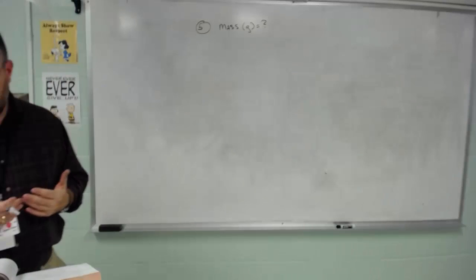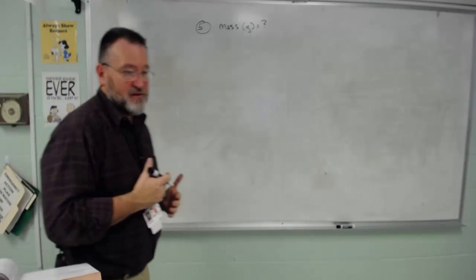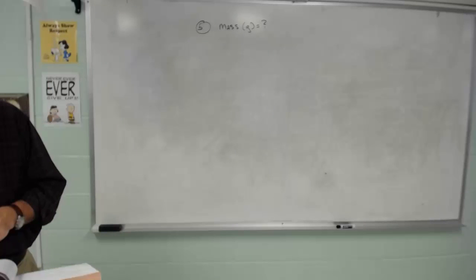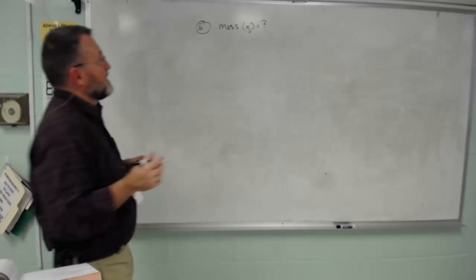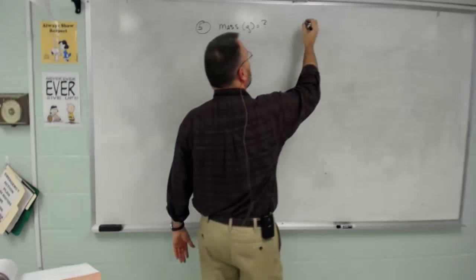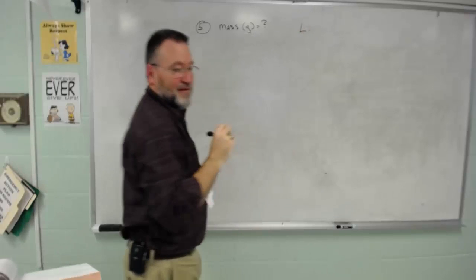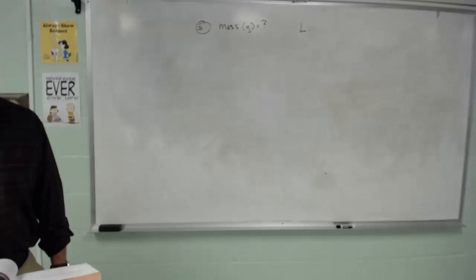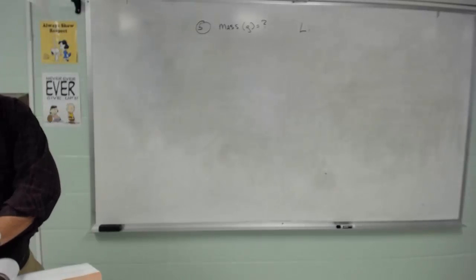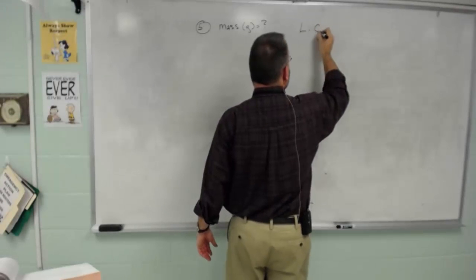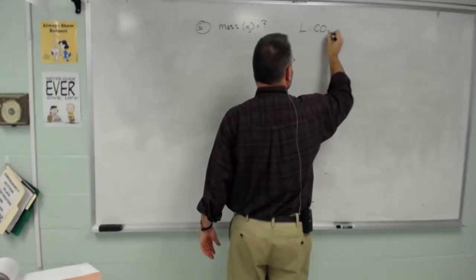So we go back to this issue of, do you remember your polyatomic ions, right? Because we're making a lithium carbonate. We've got lithium, and we have the carbonate. Lithium carbonate.